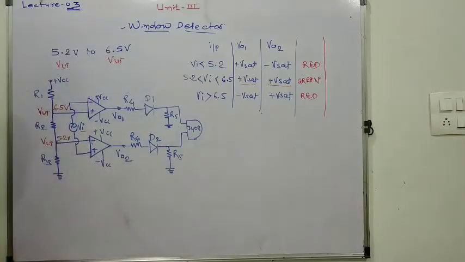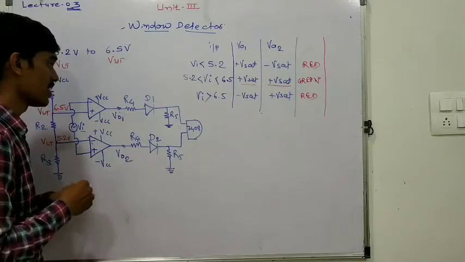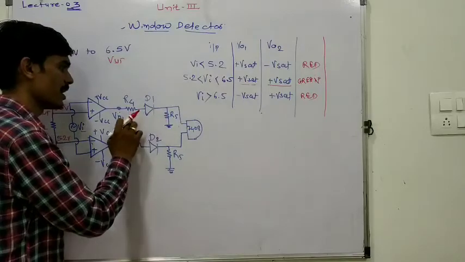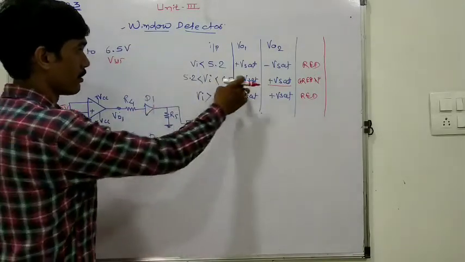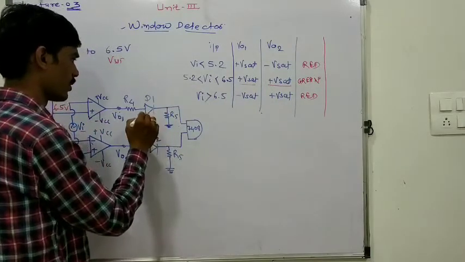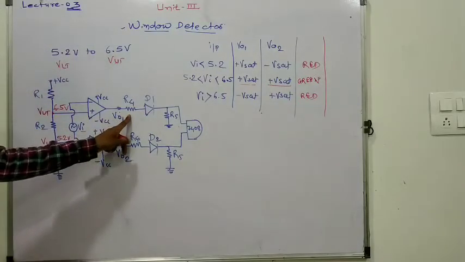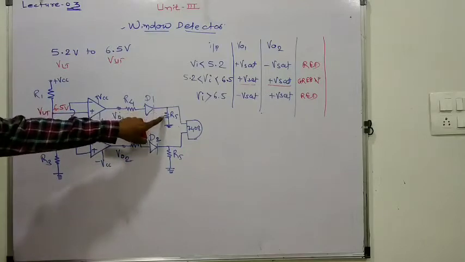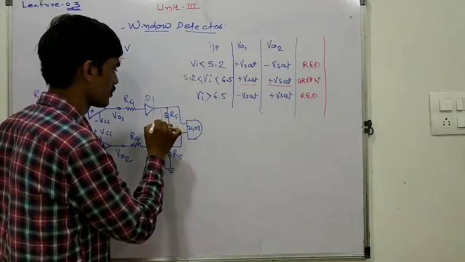So what happened? Here the voltage is nothing but plus minus Vsat. Plus minus Vsat means plus minus 14 volt. Now this voltage will be transferred through the diode, meaning we provide only plus Vsat through this diode. The diode drop is 0.7 volt. After that, this resistor will decide how much drop it has, and by using this resistance R5, we will get a voltage equal to 5 volt.